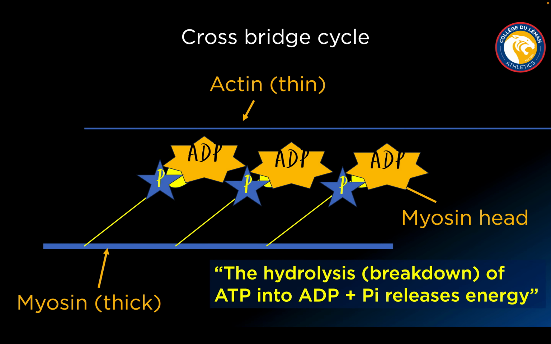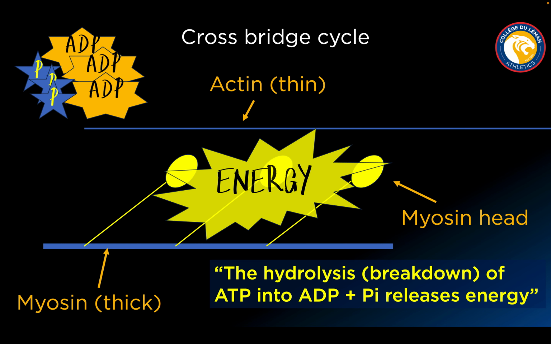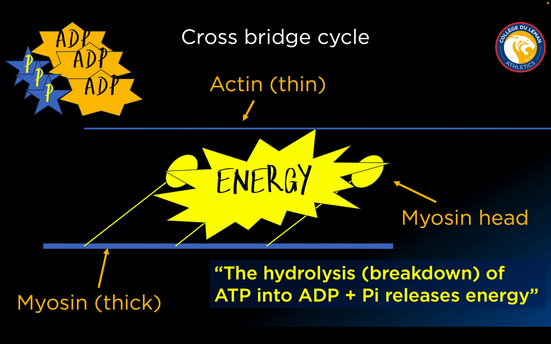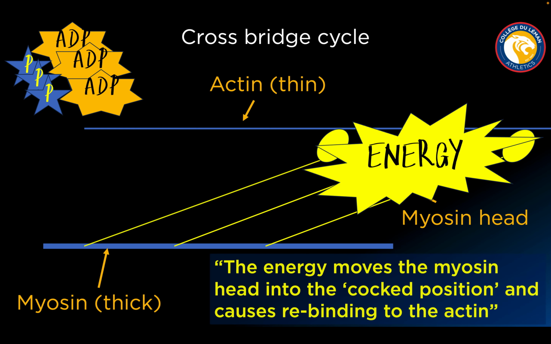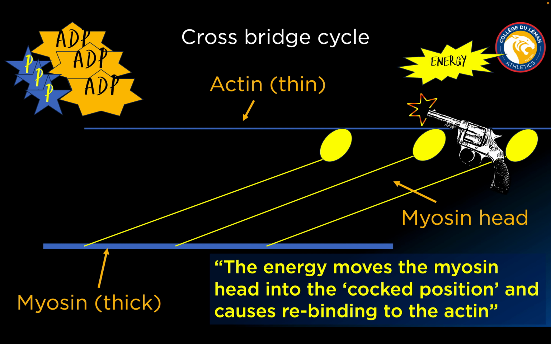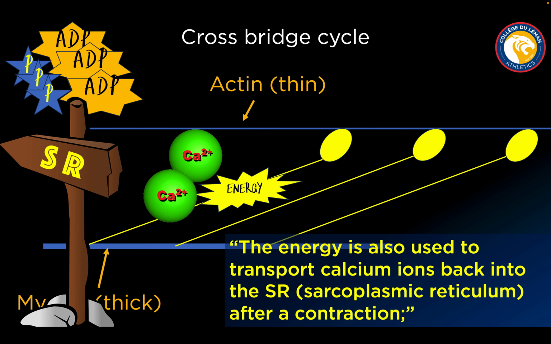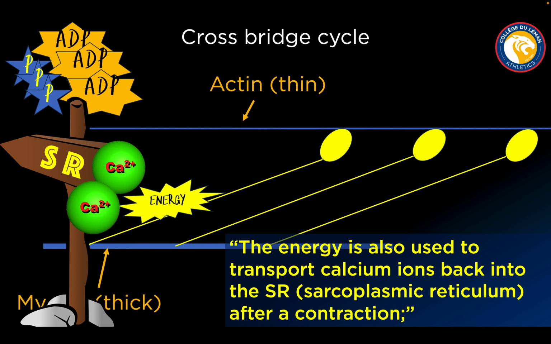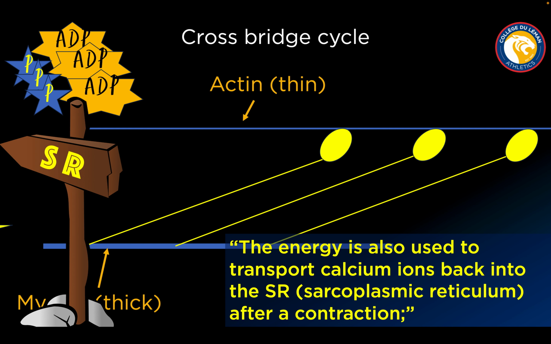That's hydrolysis, the breakdown of ATP into ADP and phosphate, and that energy is going to drive the myosin heads back along and into the cocked position, attaching themselves to the actin. We're ready to go again. The rest of that energy is going to take those calcium ions off to the sarcoplasmic reticulum. So that is the cross-bridge cycle.